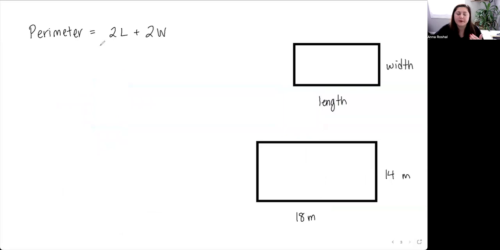So we talked about perimeters having 2 of the same lengths and 2 of the same widths, right? We know that this side will be 14 meters. We know that this side will be 18 meters. And we know that because opposite sides are the same in a rectangle, right? Well, we just talked about that perimeter when we were doing the first 2 problems. We would have 2 of the same number and 2 of the same other number.